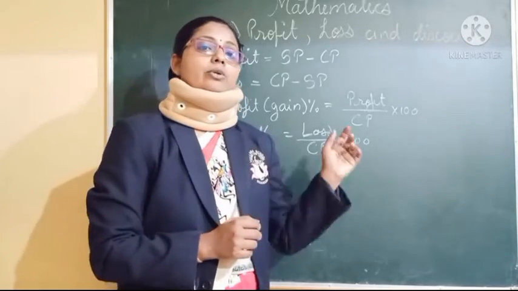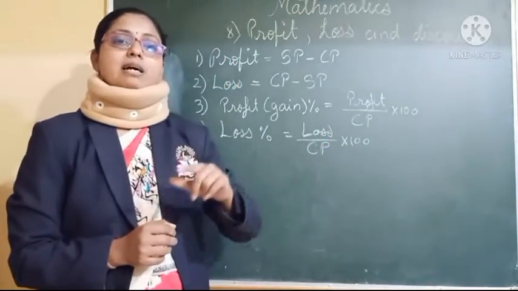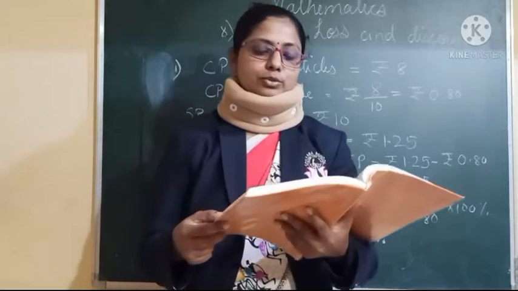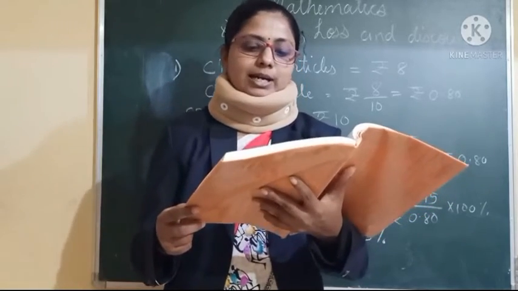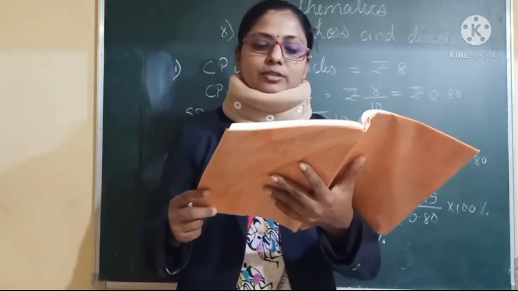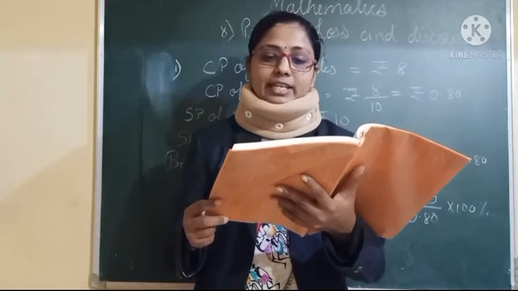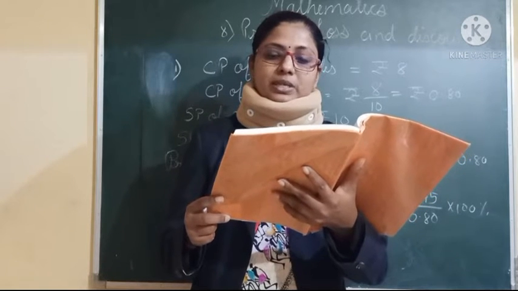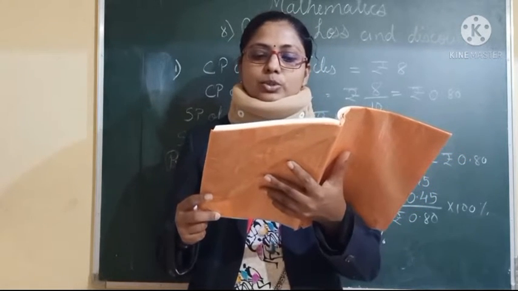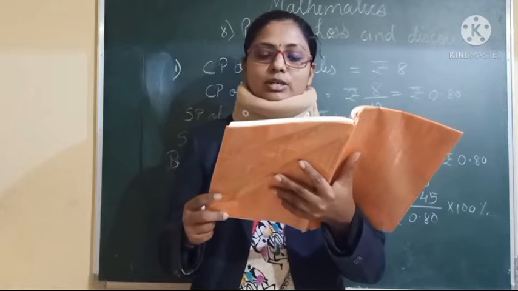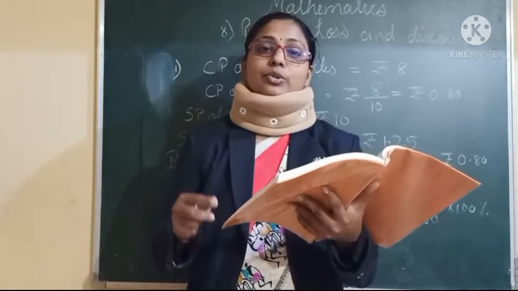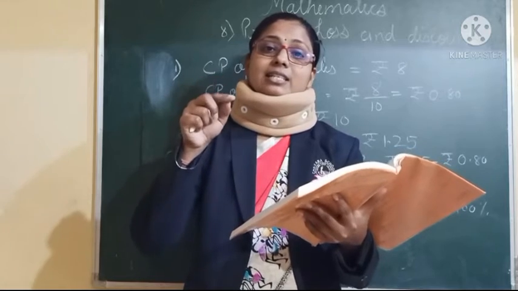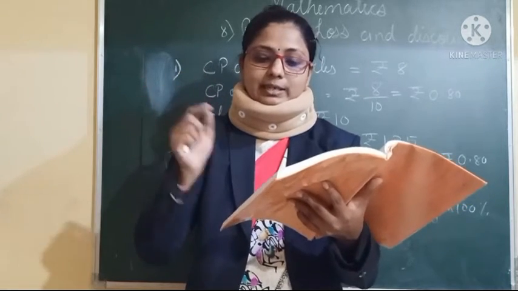Now we are going to utilize these formulas in examples. Let us have a look at this example. Articles bought at 10 for rupees 8, meaning 10 articles are bought for rupees 8, are sold at 8 for rupees 10, meaning 8 articles are sold for rupees 10.